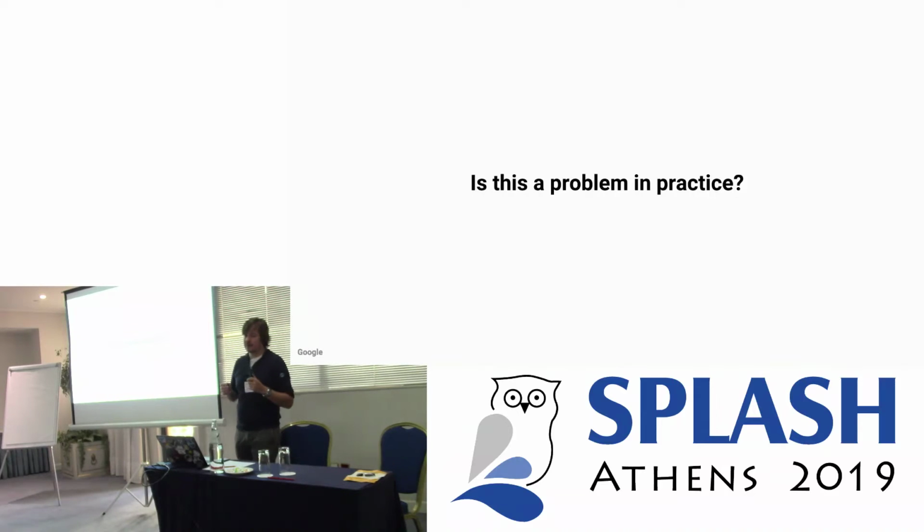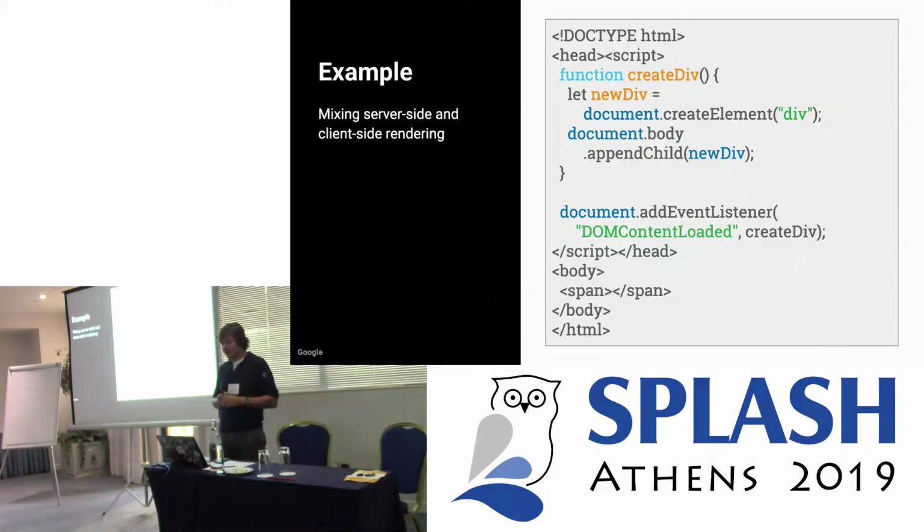Now, you could argue, well, that's all very complicated. Is it actually a problem in practice? To answer that question, I want to give one example which should highlight what's going on. You may still have the argument of, well, you can use weak references here or there. You can try to get something like static ownership working. I think we should have a look at this example, and then we'll see why that doesn't work.